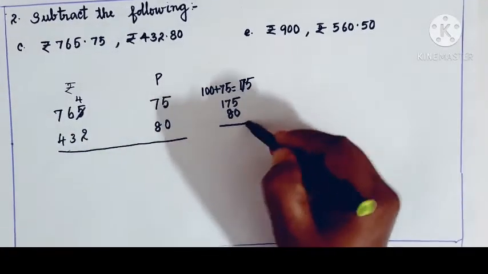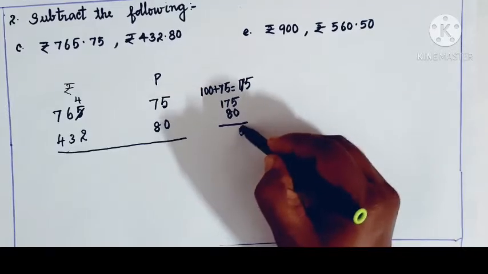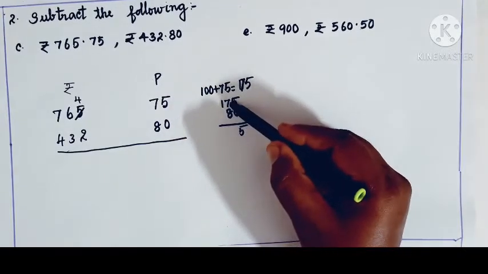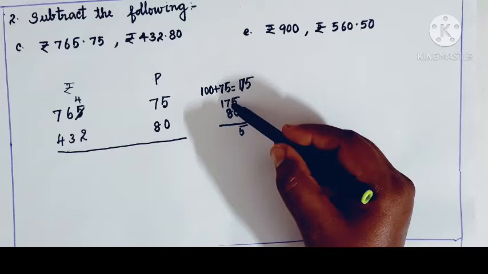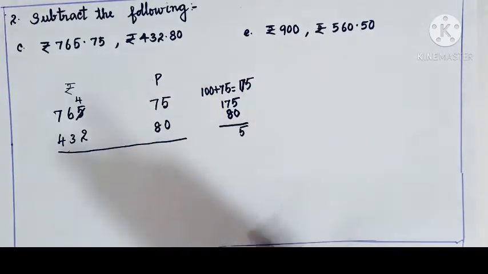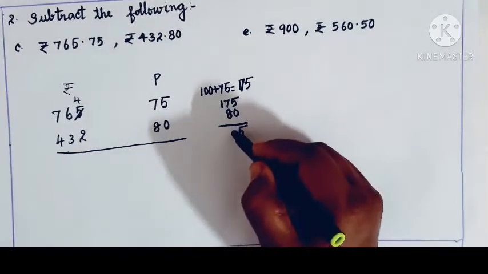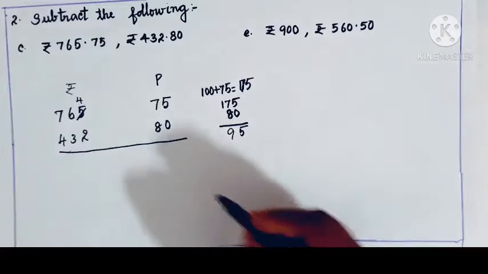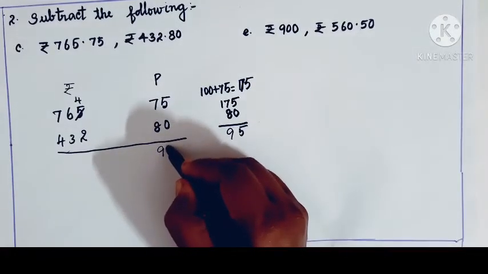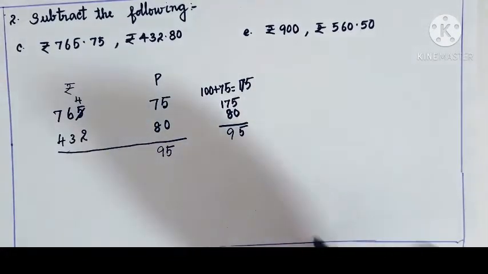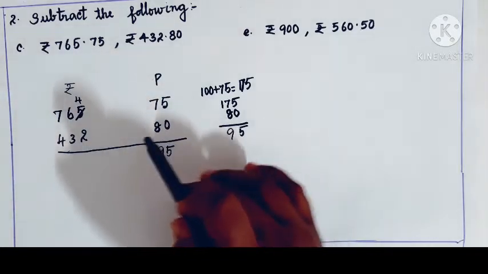So 5 minus 0 is 5. And the 17, in the mind, take 8 fingers. 17 before: 16, 15, 14, 13, 12, 11, 10, 9. So 9. So how many pies is it? 95 pies. Good.